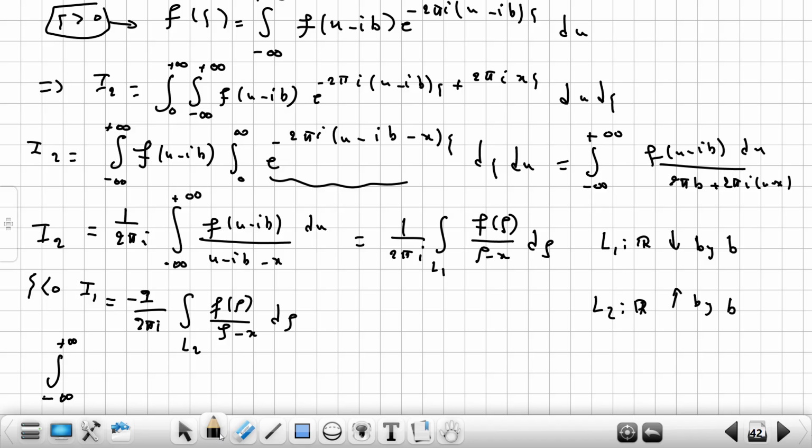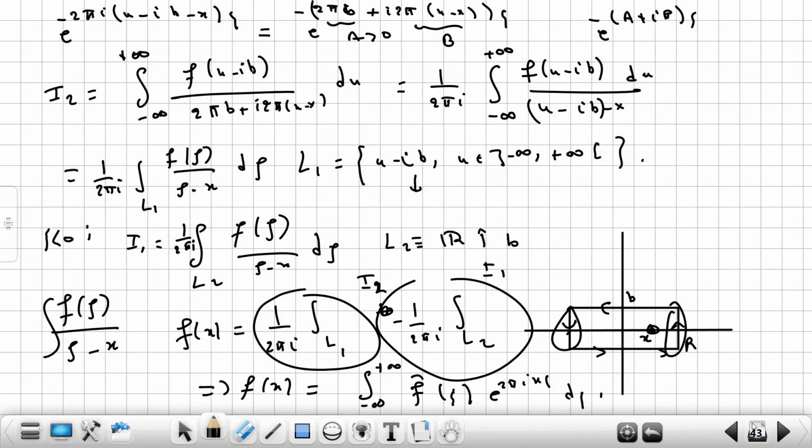Okay, now the integral from minus infinity to plus infinity of f hat psi e to the power 2 pi i x psi d psi is equal to I1 plus I2, and I1 plus I2 is equal to what?